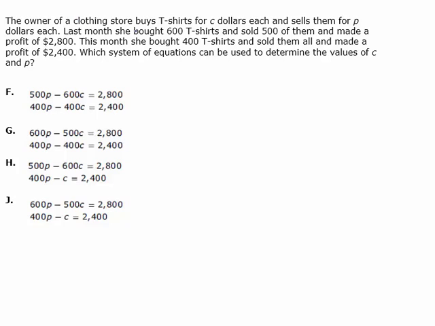So the owner of a clothing store buys t-shirts for C each. So C represents how much the store buys the t-shirts for. So I'm going to say the cost of the t-shirt, or the purchase price. Let's say they buy for.